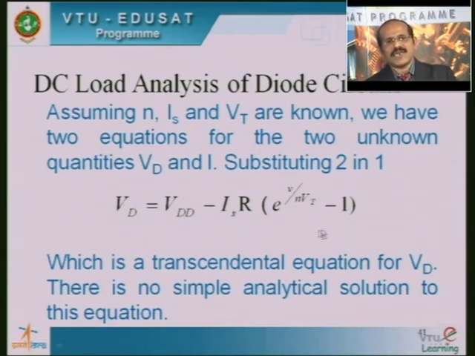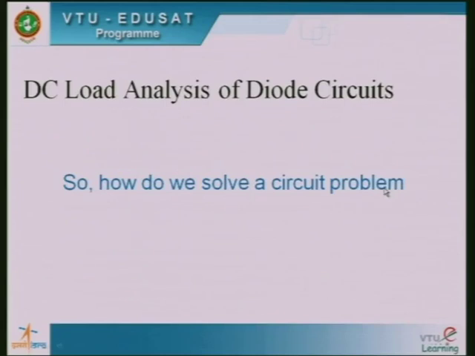A transcendental equation usually means an equation consisting of exponential terms and trigonometric functions, and usually there is no simple analytical solution to this particular equation. Then how to solve this circuit problem?